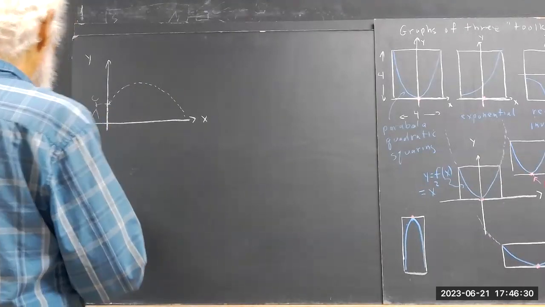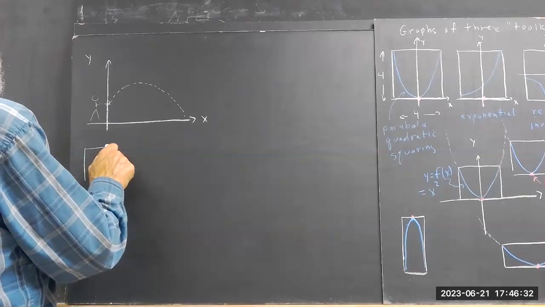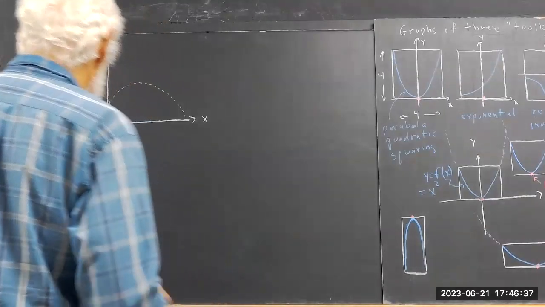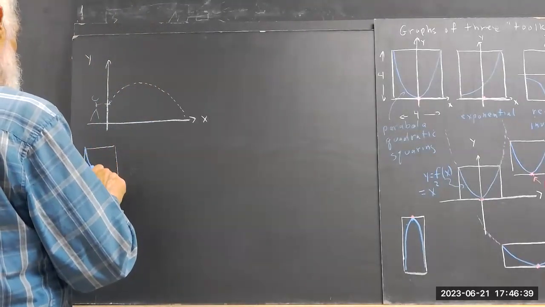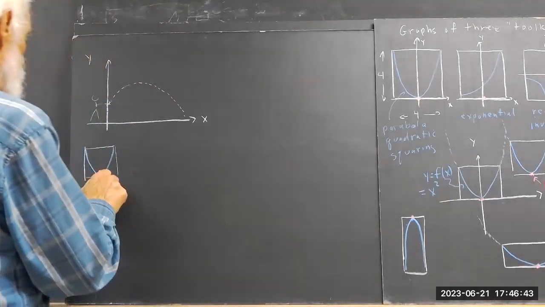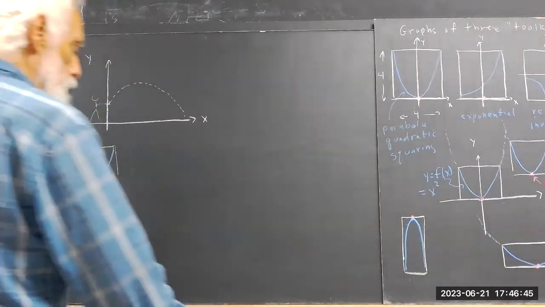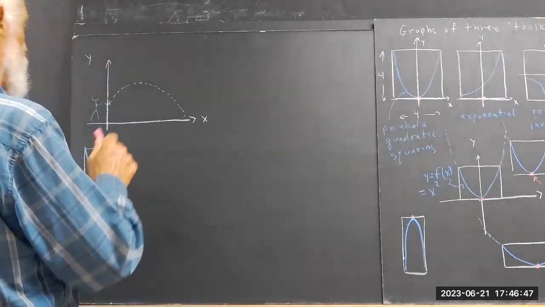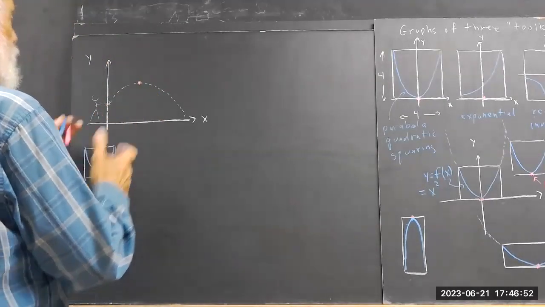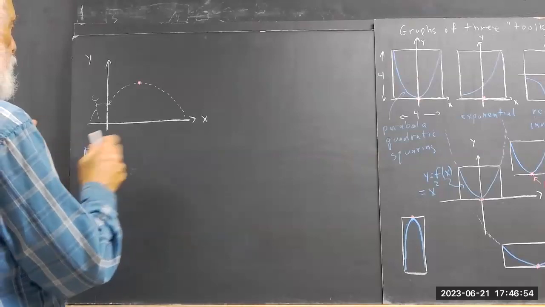This is just, again, going to have the shape of the basic toolkit function, but it's going to be distorted somewhat. The red dot's going to go here. It's got to be flipped over, it's got to be upside down.